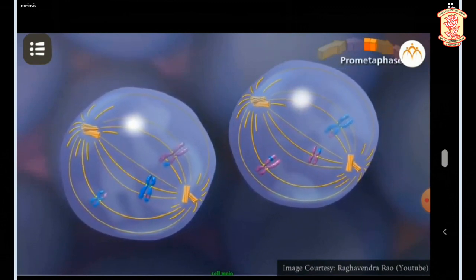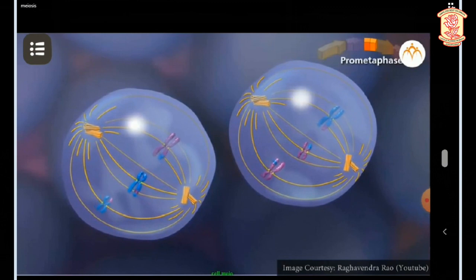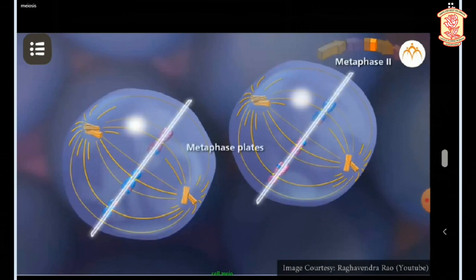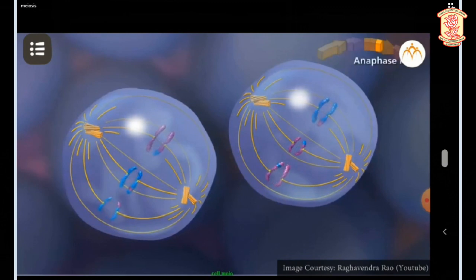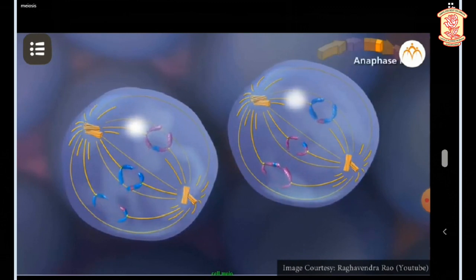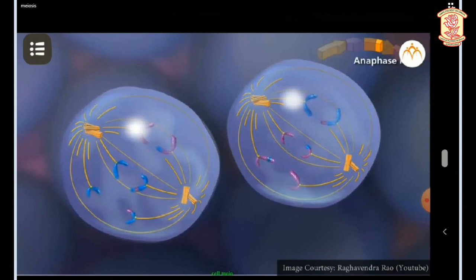In the second phase, that is prophase 2, the DNA remaining in the cell begins to condense and forms shorter chromosomes. Each chromosome pair has a centromere. The centrosome also begins its journey to the opposite sides of the cell.